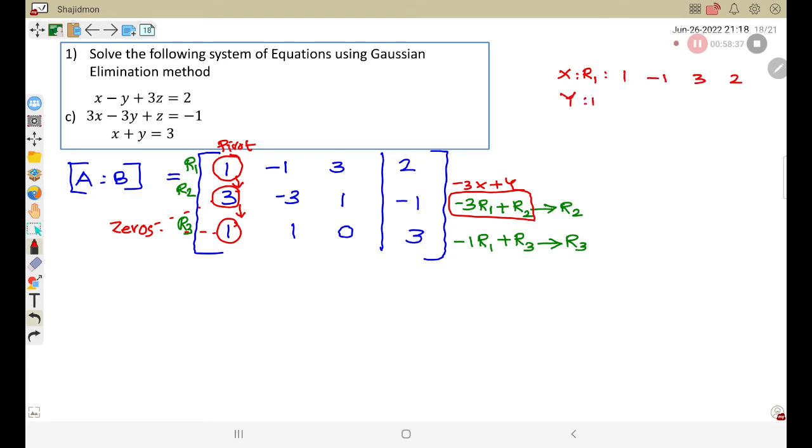Y means the second row, 3, minus 3, 1, minus 1. Then minus 3x plus y. You can check the numbers. What numbers are you getting? You will get 0, 2, minus 3 and 1.